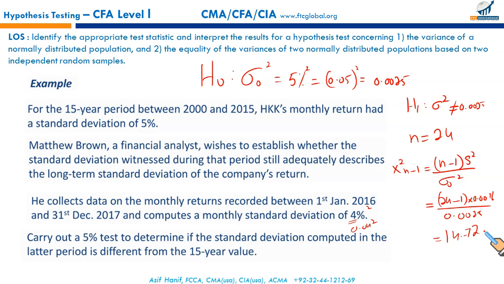Now this is a two-tailed test. As such, we have to divide the significance level by 2 and screen out the test statistic against the lower and upper 2.5 points of chi-square with 23 degrees of freedom, that's 24 minus 1, 23. So let's consult the table.